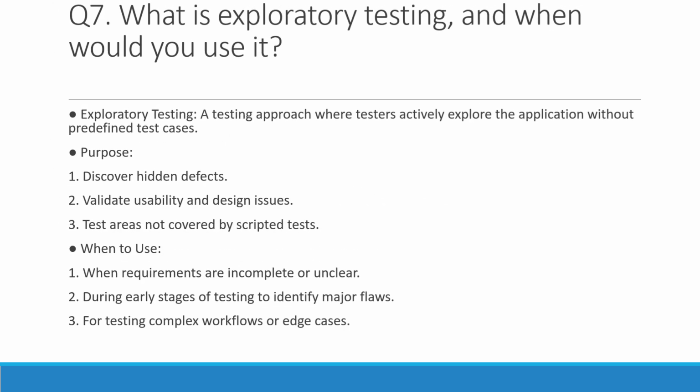Next, question number 7. What is exploratory testing and when should you use it? Exploratory testing is an approach where testers actively explore the application without predefined test cases. Its purposes include discovering hidden defects, validating usability and design, testing areas not covered by scripted tests.